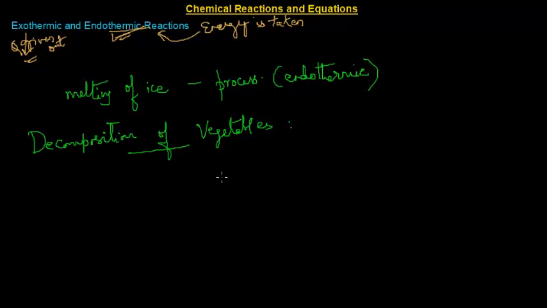The vegetables which are present get converted to compost. This is an exothermic reaction. What happens? They again react with oxygen and form compost. This is an exothermic reaction.